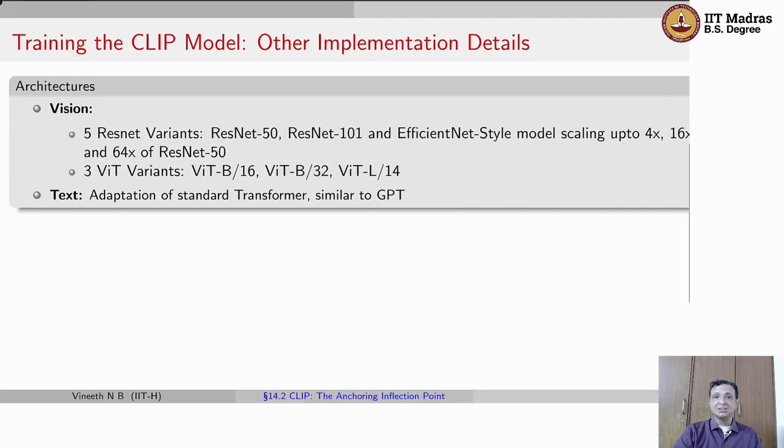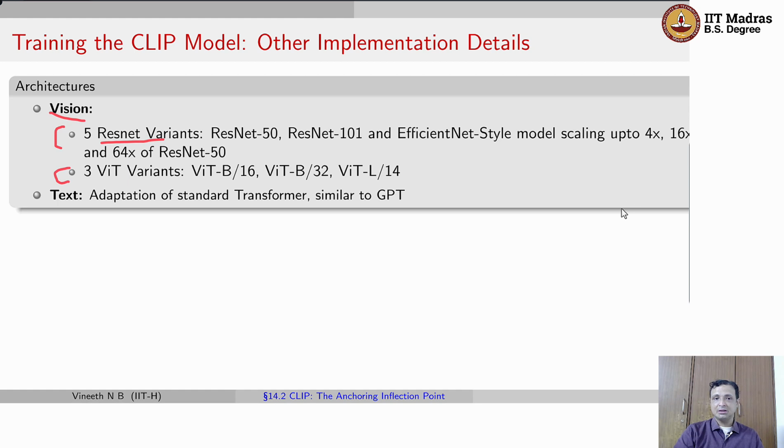What were the other design considerations that they had while training their model? For the vision encoder, they tried two lines of models, the ResNet line of models and the ViT or the Vision Transformer line of models. In the ResNet variants, they used ResNet 50, ResNet 101 and EfficientNet style model, where they scaled up to 4x, 16x and 64x of ResNet 50.